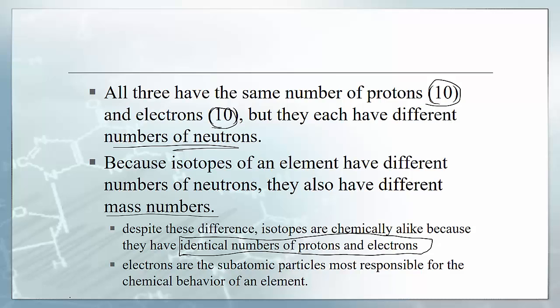And because the element wants to be neutral, the number of electrons depends on the number of protons. So one more time, isotopes of the same element have the same number of protons and electrons as each other, but they have different numbers of neutrons, and they act the same chemically. So all the carbons act the same, all the neons act the same, all the hydrogens act the same.